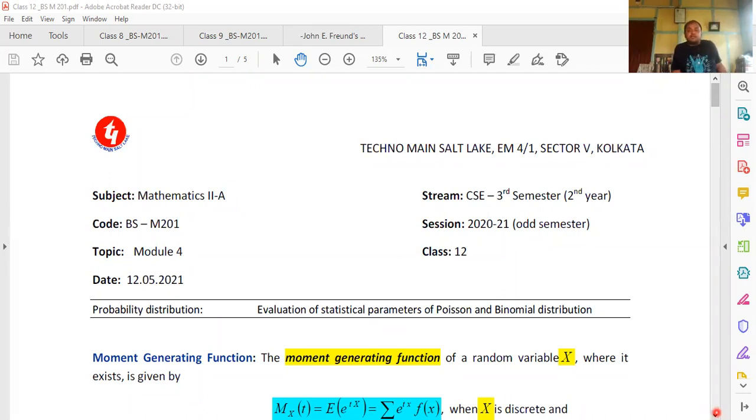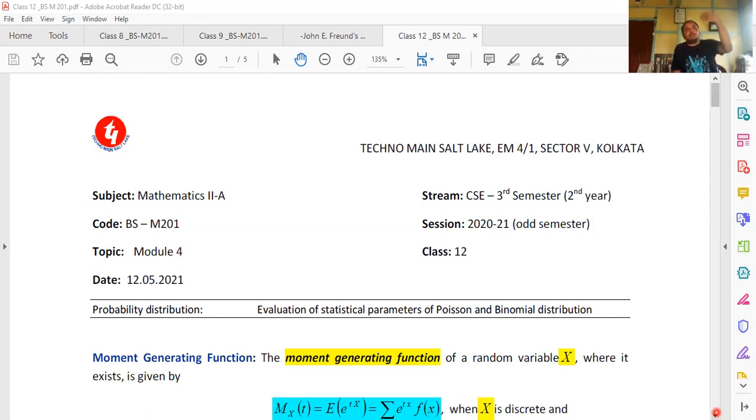Once the probability function is known, then we become interested in finding the mean and variance of the random variable. And we know from one of our earlier discussions that the mean and variance of the random variable can be calculated from moment.